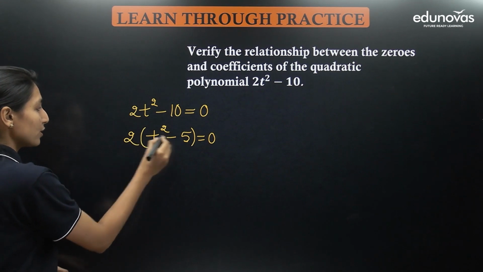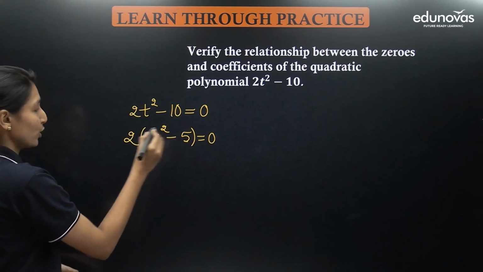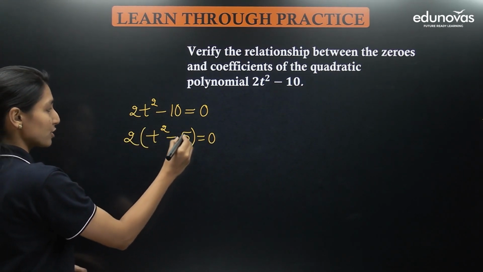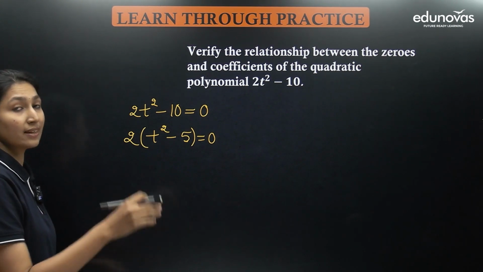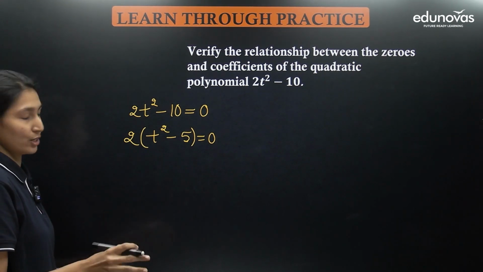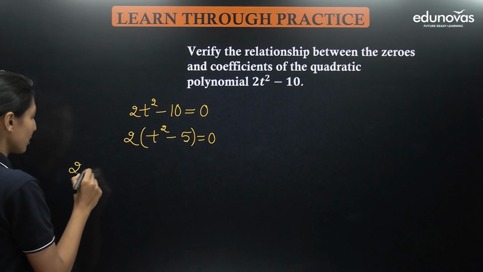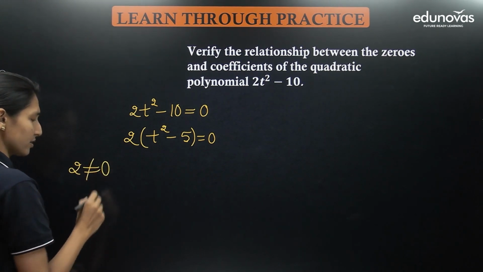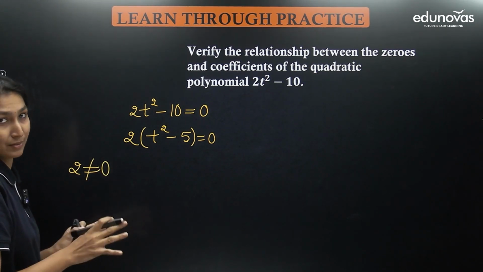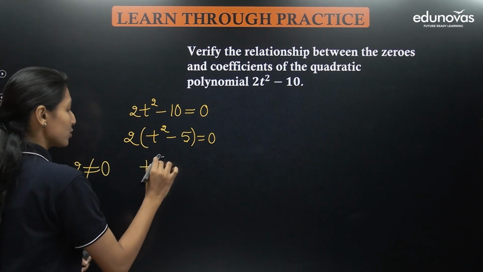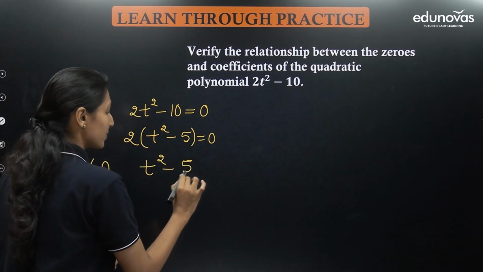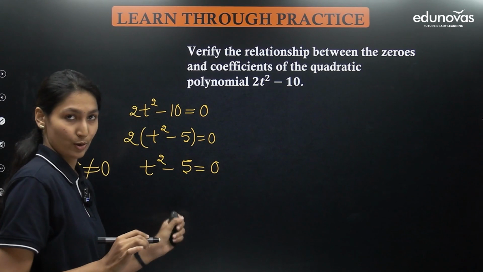See, the product of two numbers is equal to 0. 2 into t square minus 5 is equal to 0. Then either of the two must be equal to 0. But 2 cannot be equal to 0. Is 2 equal to 0? Never. Therefore, t square minus 5 must be equal to 0.